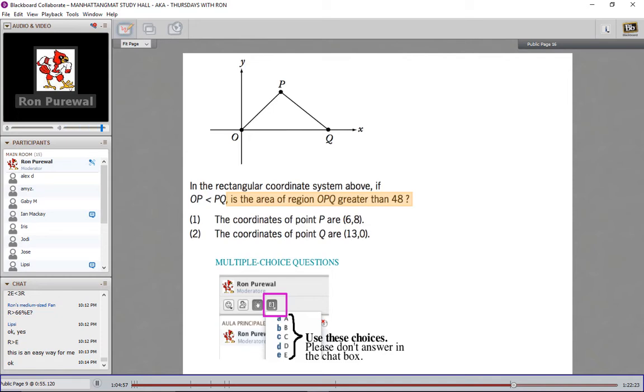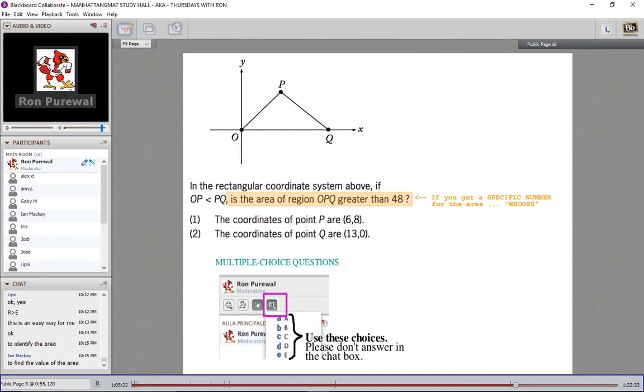What isn't the goal? Yep. If you identify the specific number for the area, you should be like, whoopsie. Don't forget. Go for it.